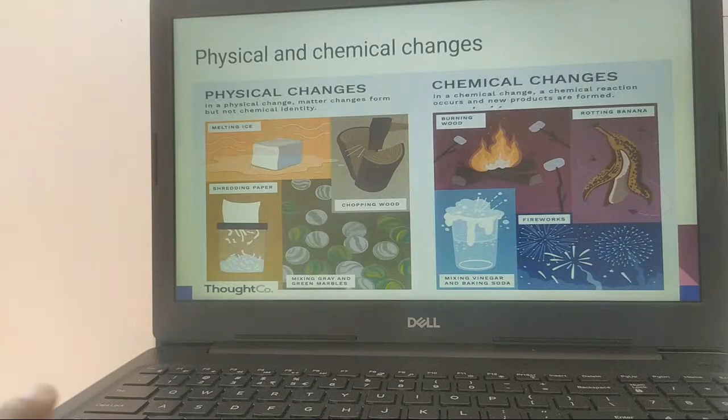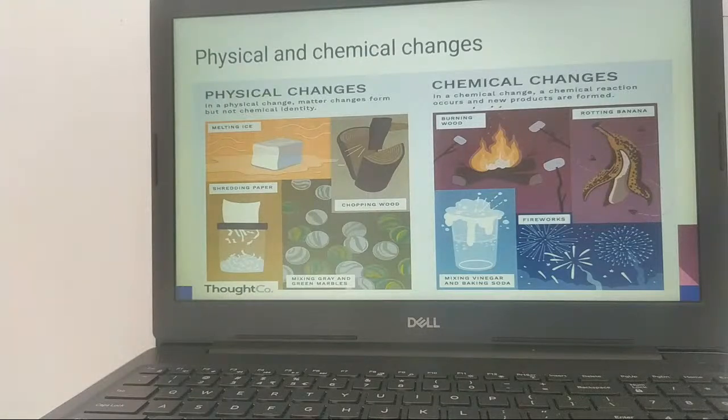Then, when we take another example, mixing of gray and green marbles. You must have seen marbles. You can see here, there are two types, green and gray color marbles. When they are put together, do you find any change? Is any new substance formed? No, it's just the mixing of the gray and green marbles.